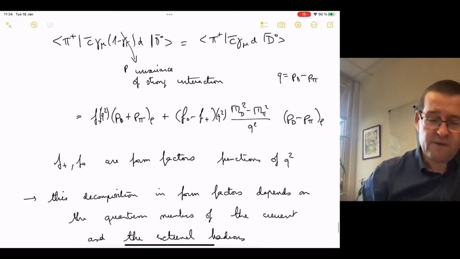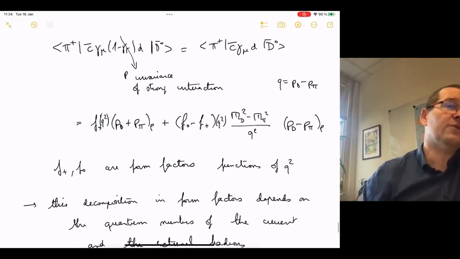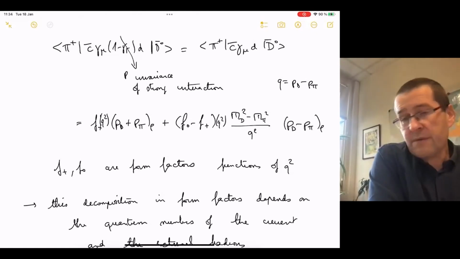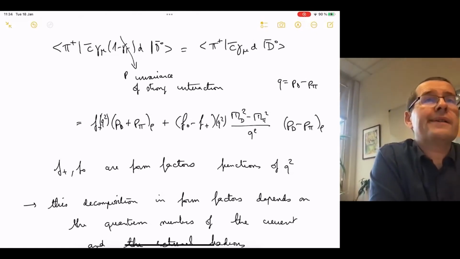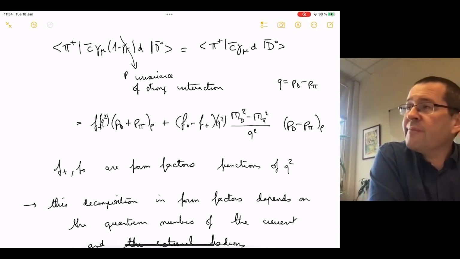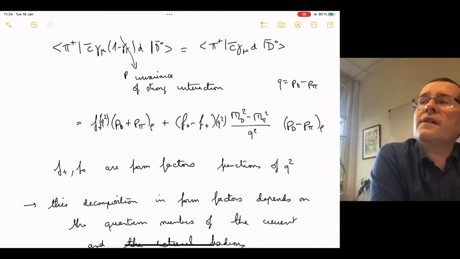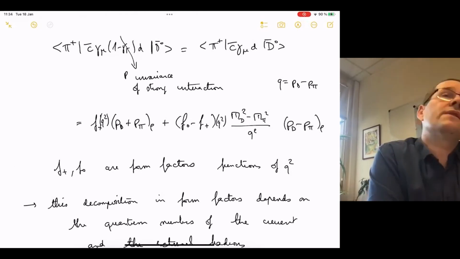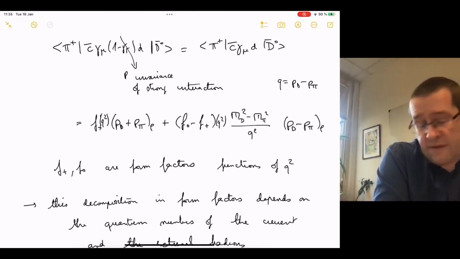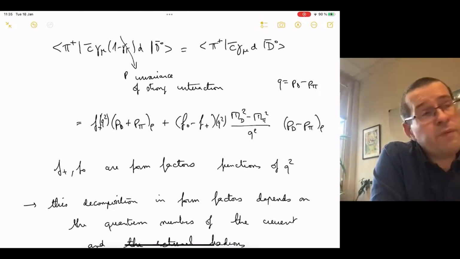If you want to play a bit, you can think of what would happen if, for instance, it was not a vector current, but a scalar or pseudoscalar operator. If you have a meson that is a spin one object, there is a new degree of freedom which would correspond to the polarization vector. So you have new Lorentz structures to play with.